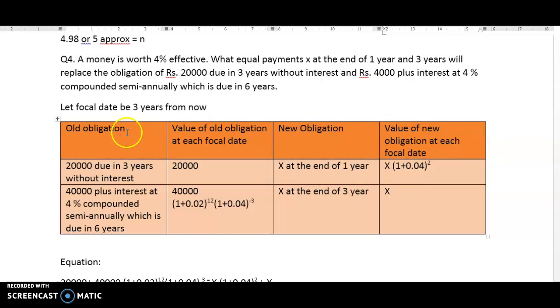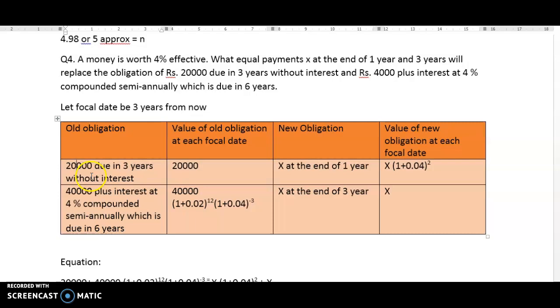Now come back to our older obligation. So in this, my first older obligation was 20,000 due in 3 years without interest. ठीक है. ओल्डर ऑब्लिगेशन में there was no interest, so whatever the value of the present date, it's the same as at the future date, that is after third year.